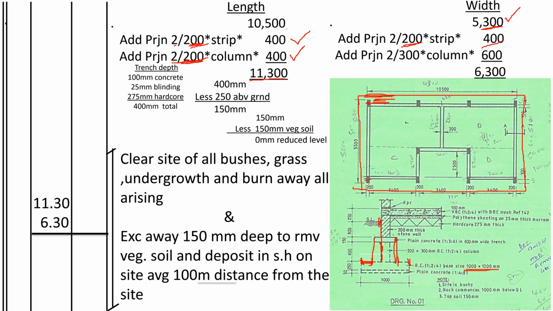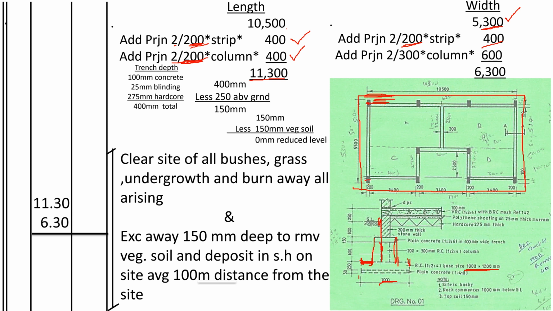Now we want to know, after the strip footing, what will be the projection towards the base of the column. This one is 1200, the width of the column base. If it is 1200, then we subtract the strip footing, which is 600. We shall remain with 600. 600 divided by 2, the spread for the column shall be 300 on both sides.